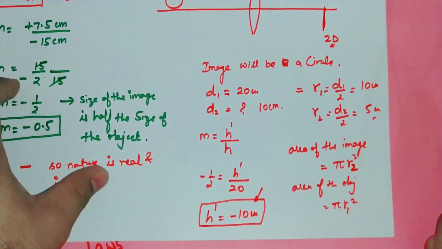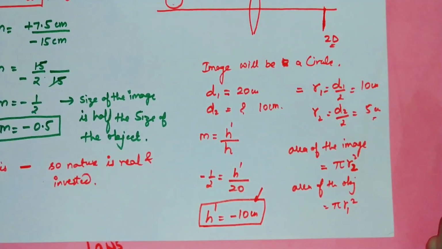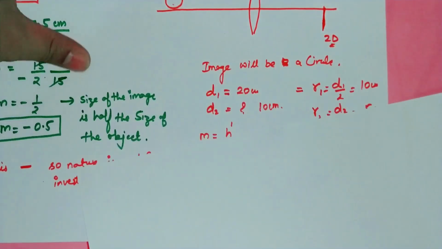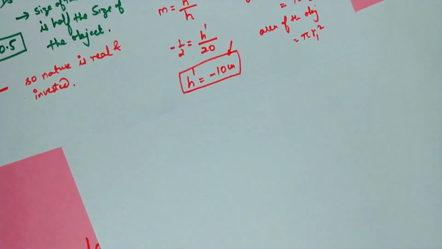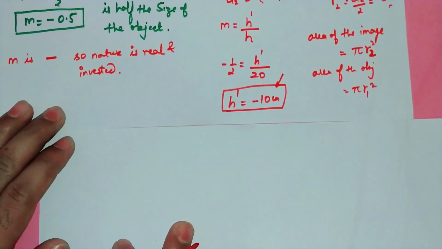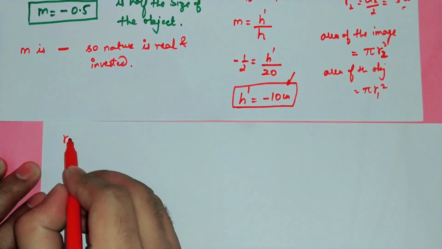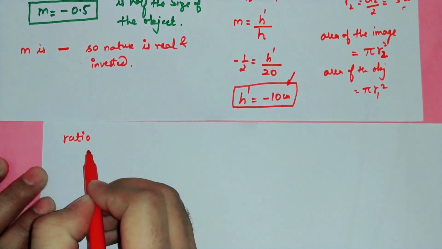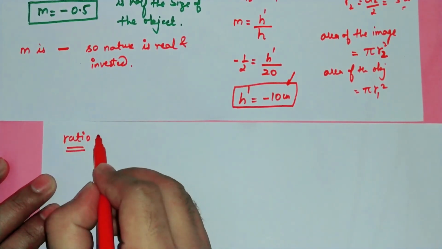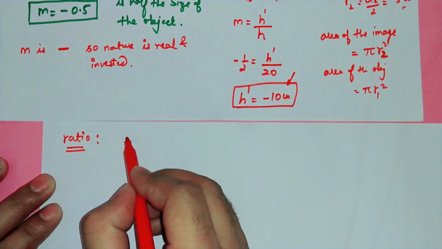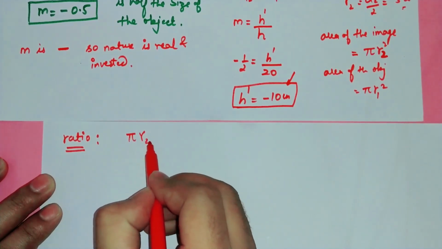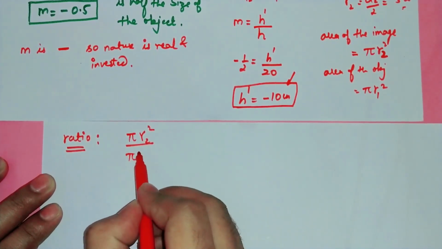So how can we calculate the ratio? The required ratio we can say is pi r2 square by pi r1 square.